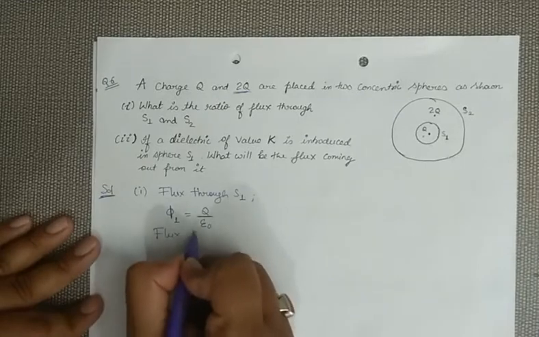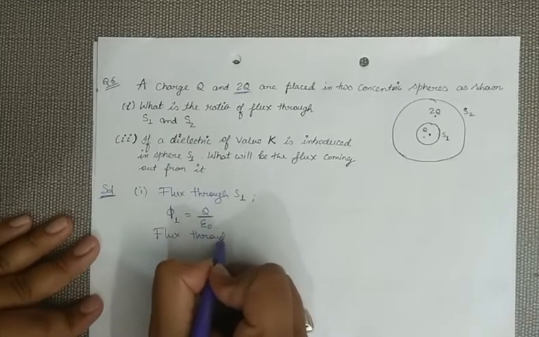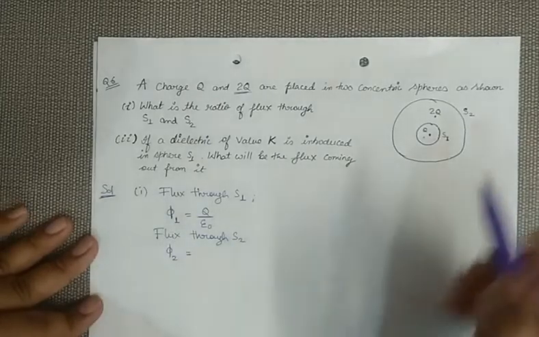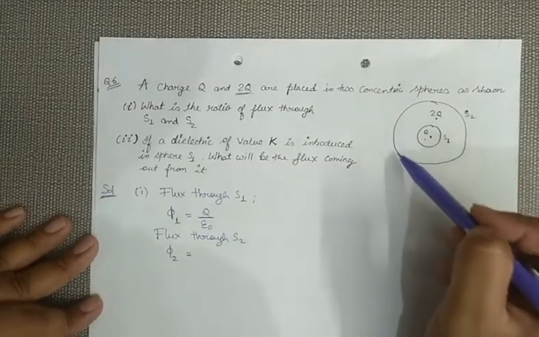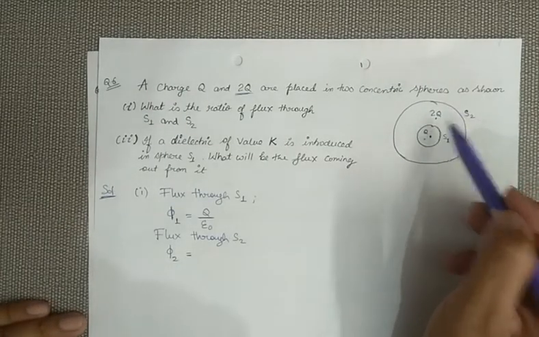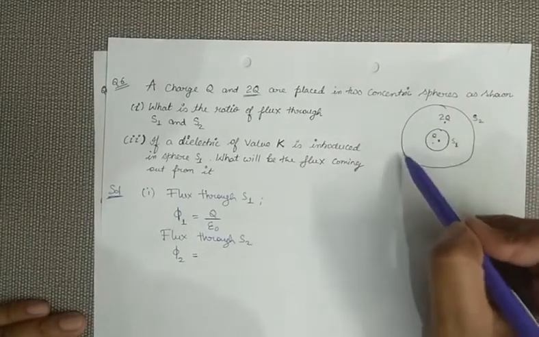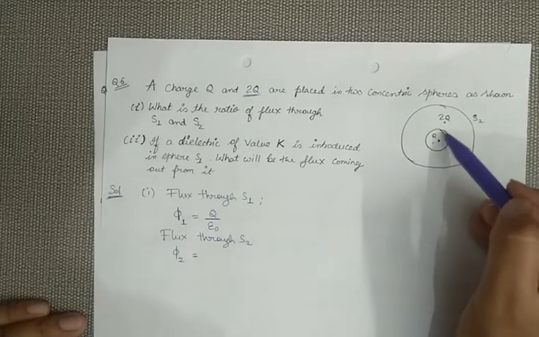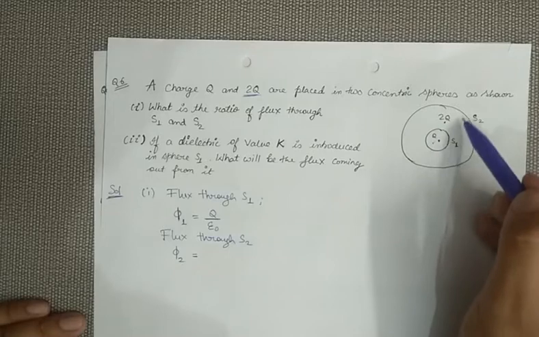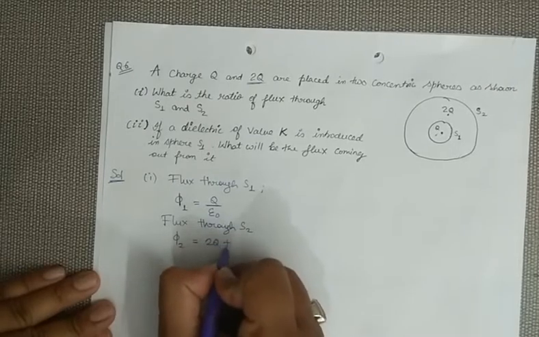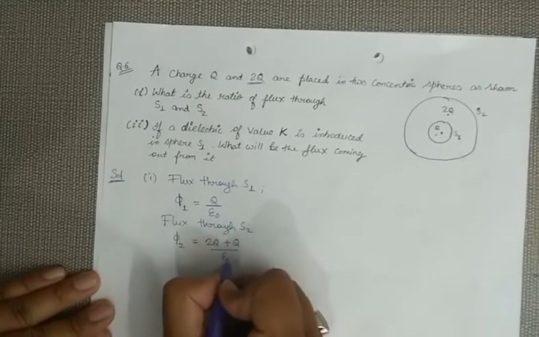Similarly, the flux through sphere S2, let's name it phi 2. See how much charge is present in the total sphere S2. Don't name it just 2Q, look at it carefully. The total charge present inside S2 is 2Q as well as this Q, because it is also a part of S2. So the total charge will be 2Q plus Q, divided by epsilon naught.